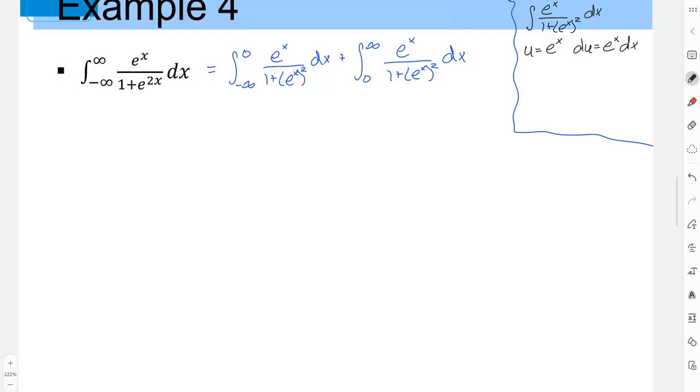So when we do our rewrite, this is our du. And this is 1 plus u squared. So you can see how this is going to be arctan of u, which for us would be arctan of e to the x.